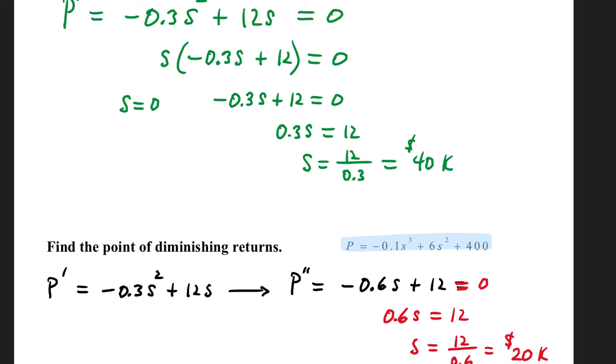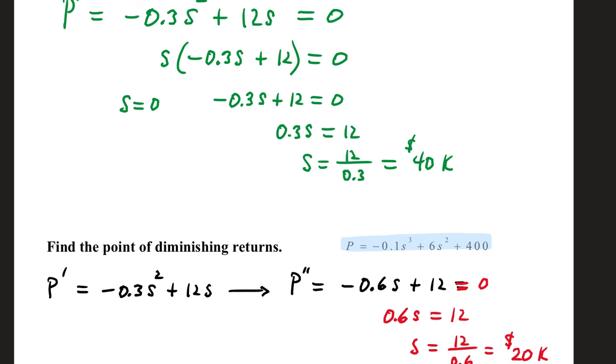We don't really need to know the physics behind it, but I do want to point out that in this kind of problem, it is sort of where the juice is no longer worth the squeeze. If you spend any more on advertising, your rate of profit doesn't increase as fast. So you can still make more money, but it just doesn't increase as fast as it does until you hit the point of diminishing returns.